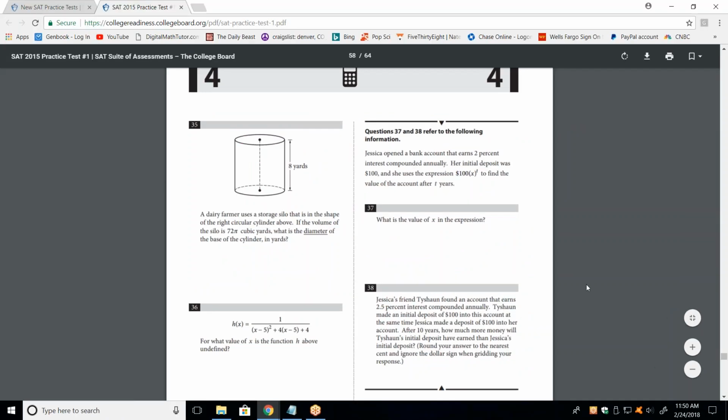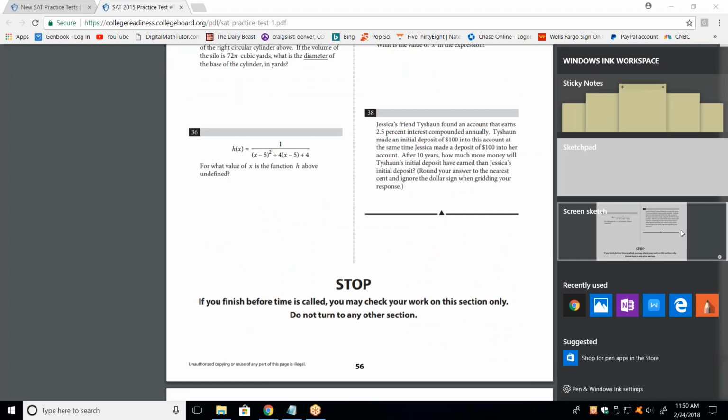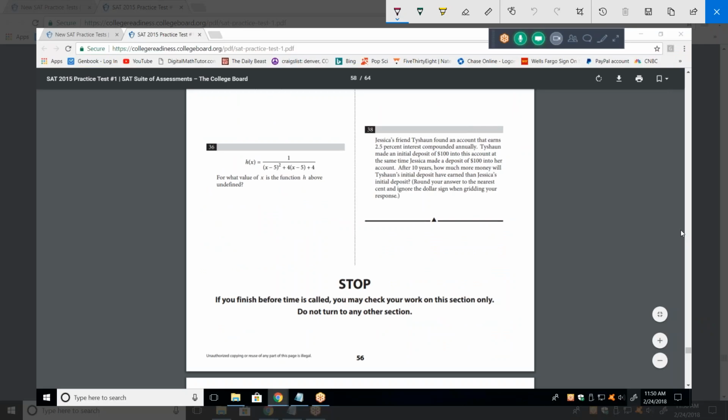Sounds good. All right, 36. These are a little more difficult, but again, this is a short problem that could be difficult. Which is harder between 36 and 38? I would say 36 without doing any more looking. In other words, I haven't read either one of them.